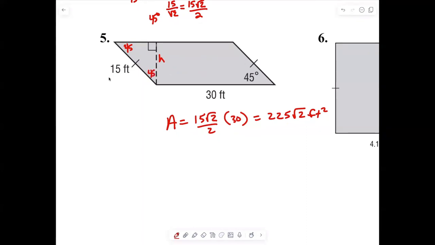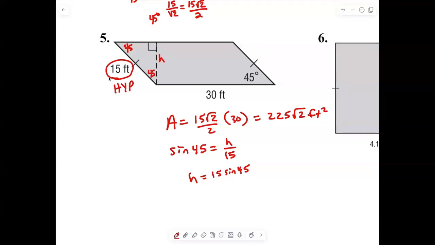If you put the 45 down here, you could use the cosine, right? Now, again, you can't really use tangent because the 15 is the hypotenuse. So you have to use the one with the hypotenuse. So in this case, you could say the sine of 45 is equal to h over 15. And so h is equal to 15 sine 45.